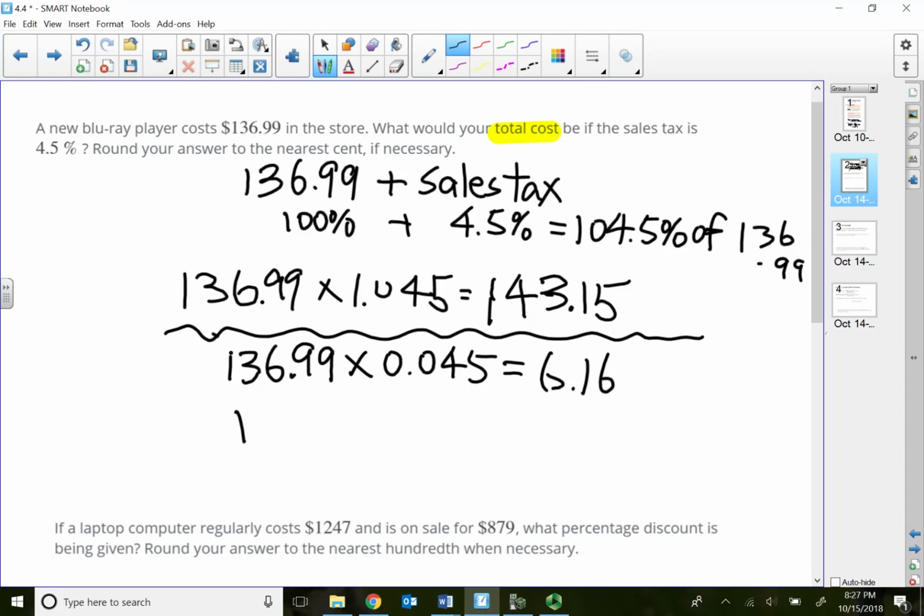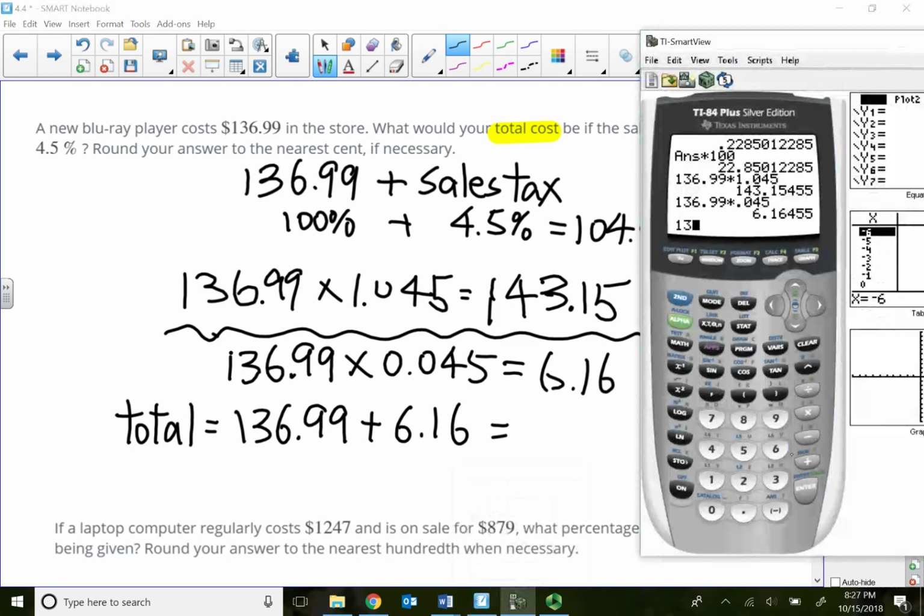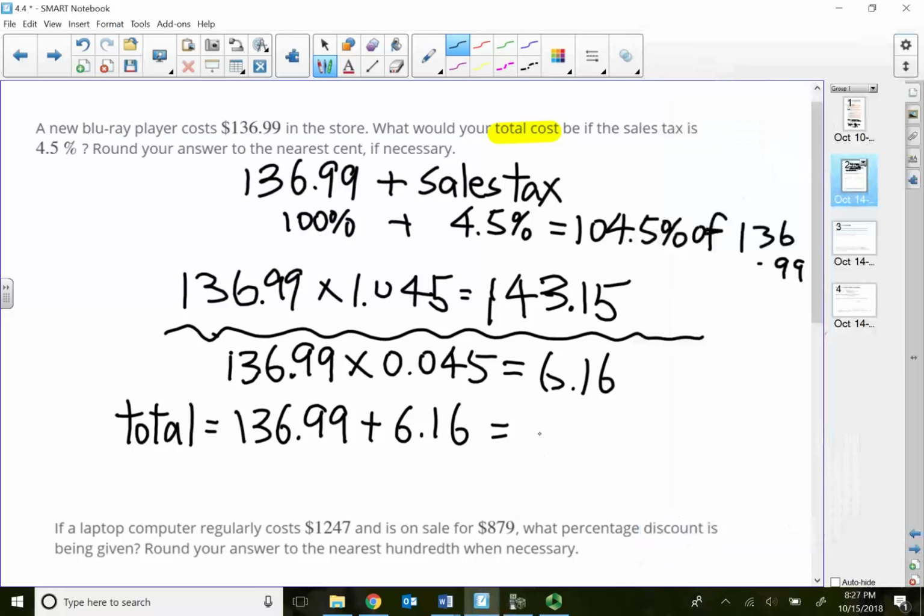So now my total amount is going to be 136.99 plus my $6.16. There you go, 143.15. Same answer. So what's the difference? The way we normally go about doing it is we figure out the sales tax first, multiplying the percentage to get the sales tax, and then add the actual dollar amount.